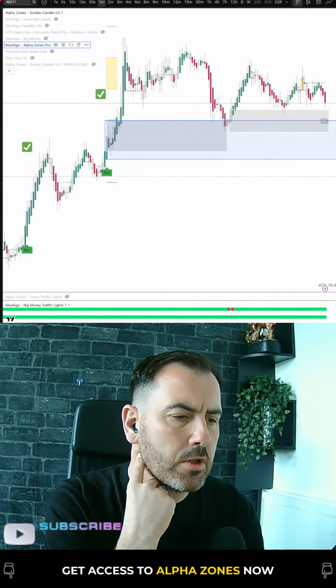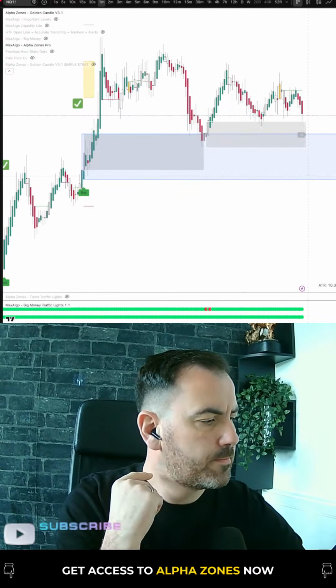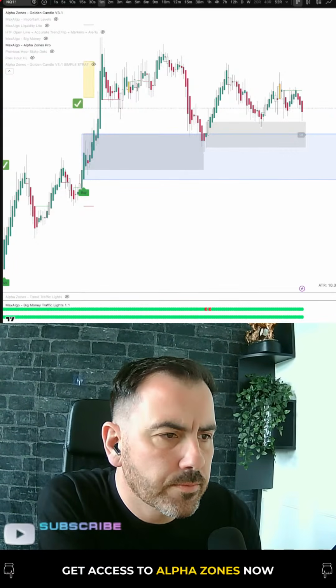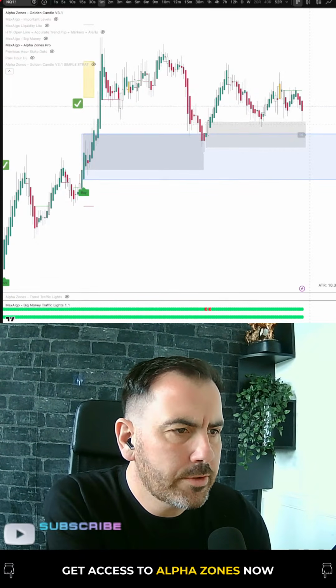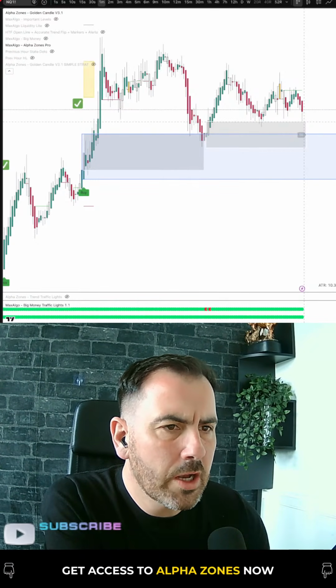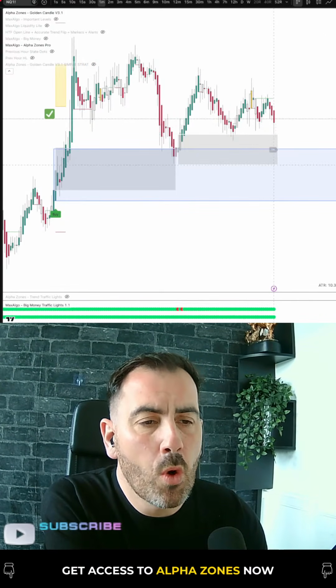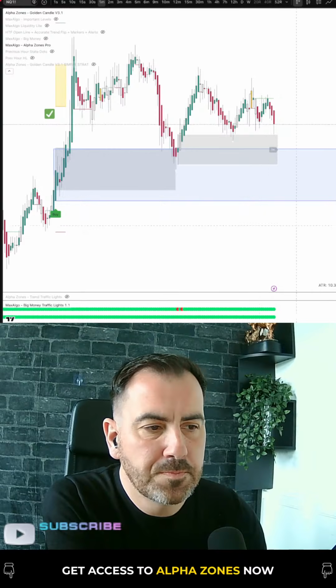So we've got our traffic lights, and our alpha zones are in line. For us to get a short, we'd be wanting it to break below here.